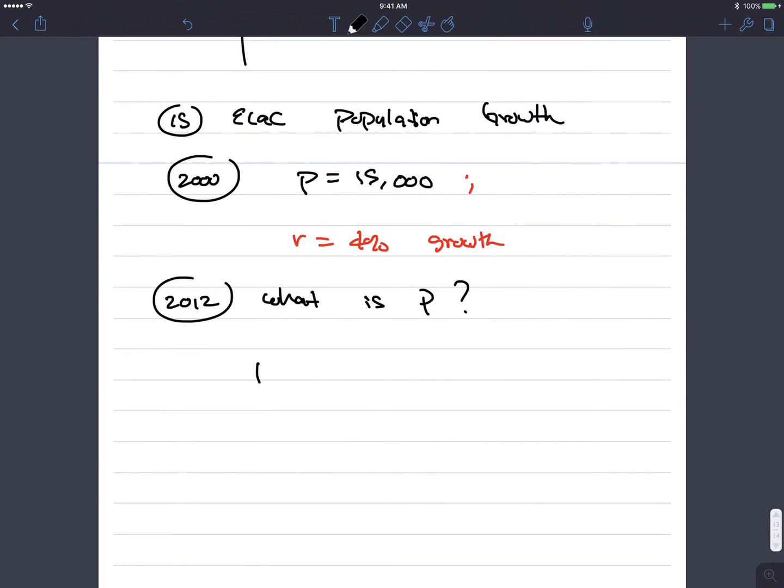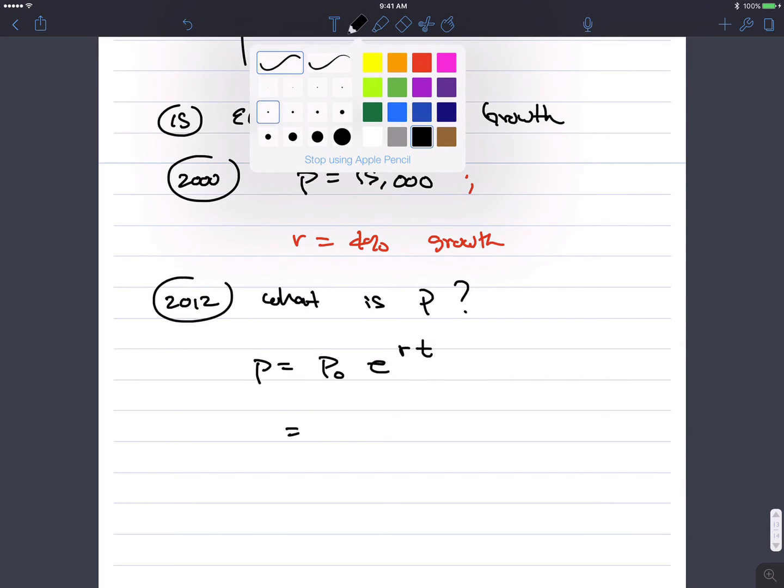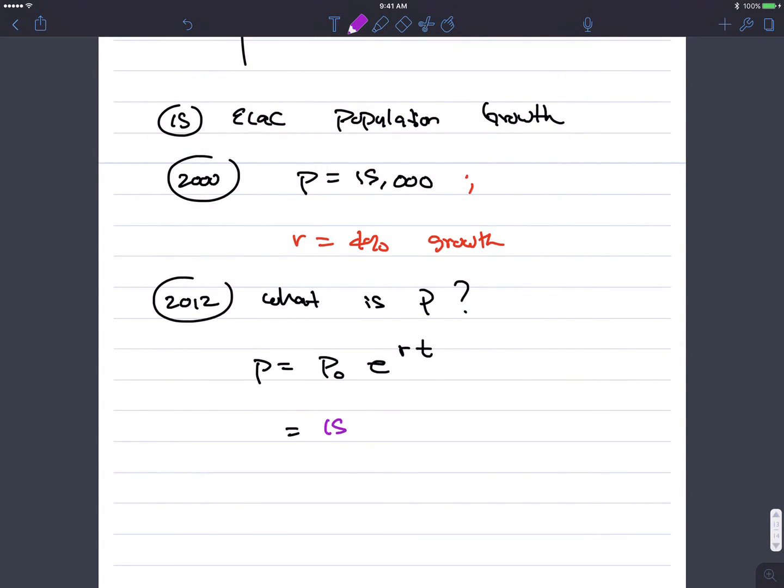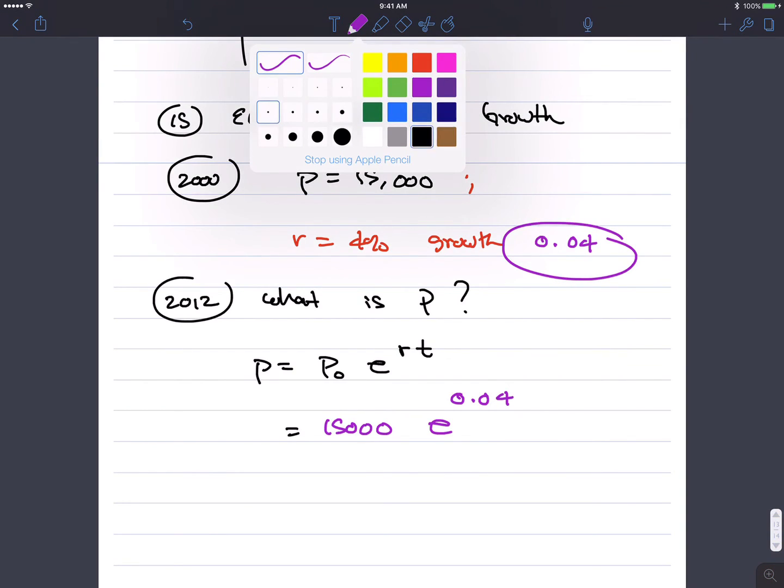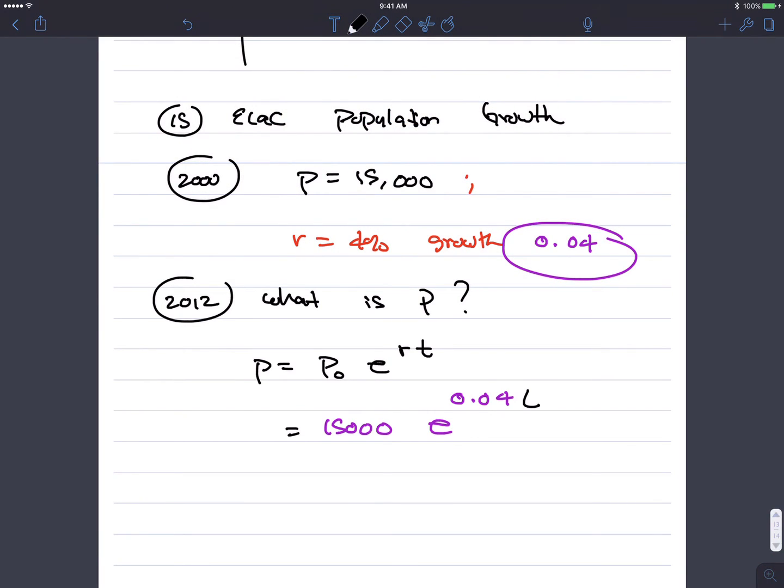So P is P naught e to the RT, where P naught is, what's my initial population? 15,000 e to the, what's this growth rate? 4% we write as 0.04, the decimal representation. And then I have this value called what? T.